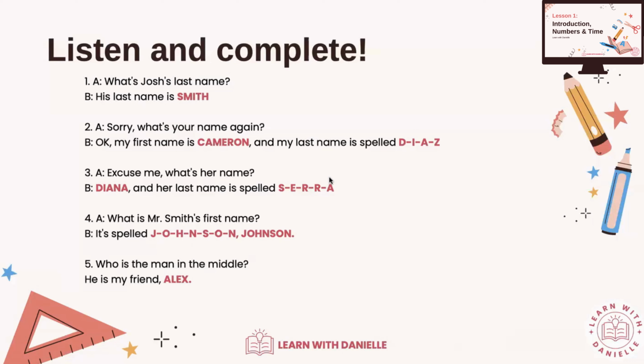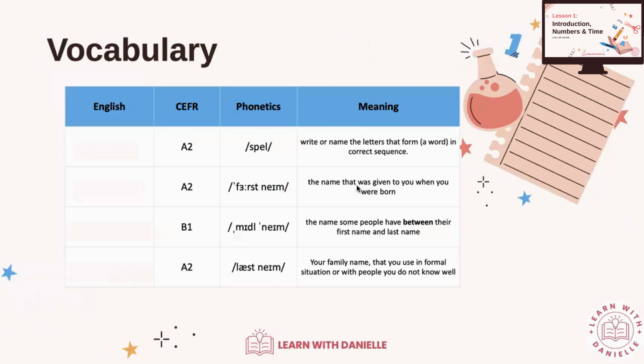From these conversations, we can see that there is some vocabulary that we have not studied. For example, the words last name or first name. Now, let's look at some key vocabulary for today's lesson, taken from the 2 conversations that we just learned. We will go through them one by one, so make sure to repeat after me and then write them down.